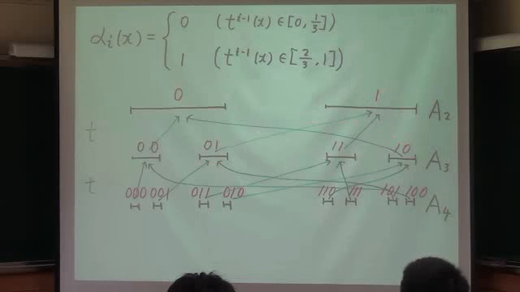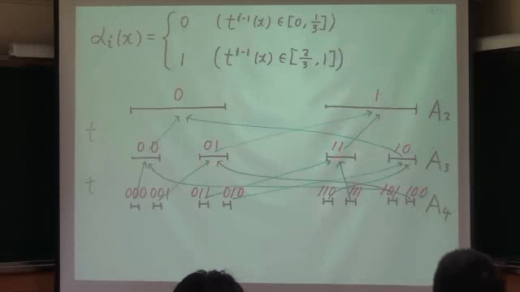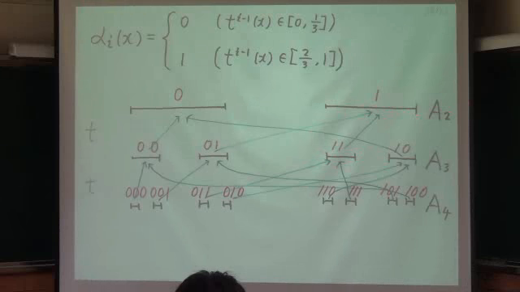You see, this is mapped by T to this interval, but the orientation is reversed, and it goes to this side, so this one is 0.